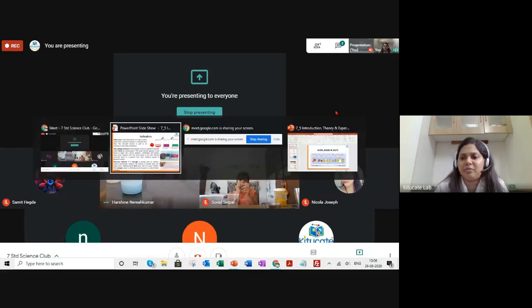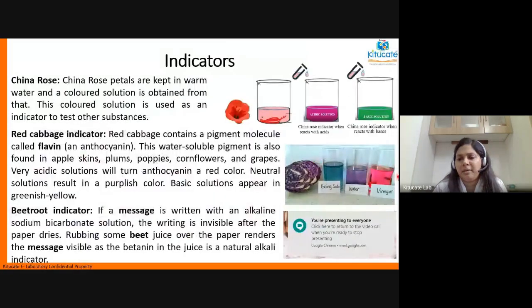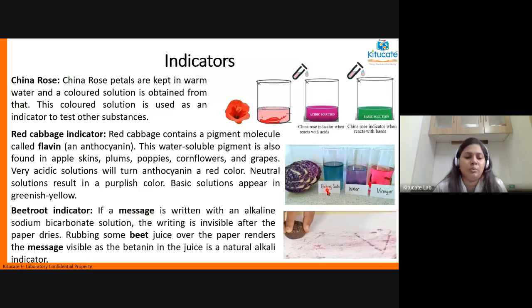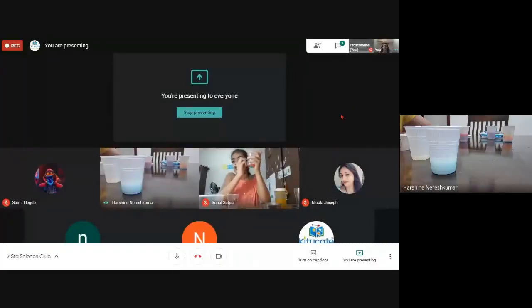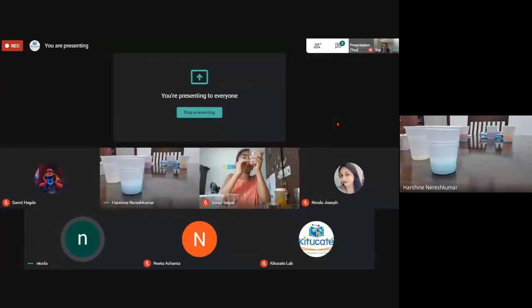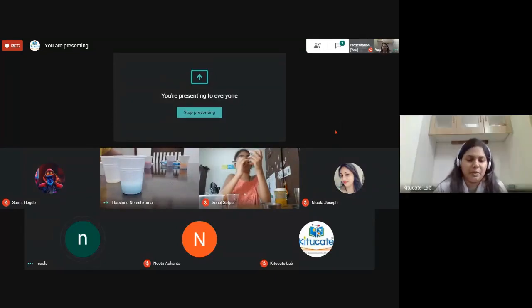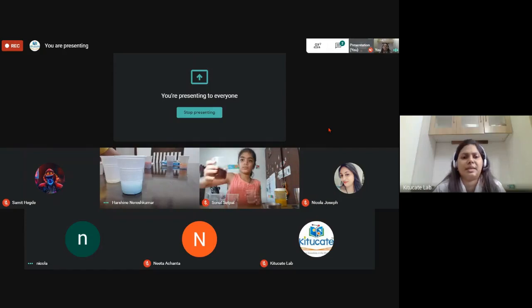In the case of cabbage, the vinegar turned pink, but your baking soda or your detergent should turn something like this, blue. My baking soda turned a little bit aquamarine color. Very good. You can start with the hibiscus extract.